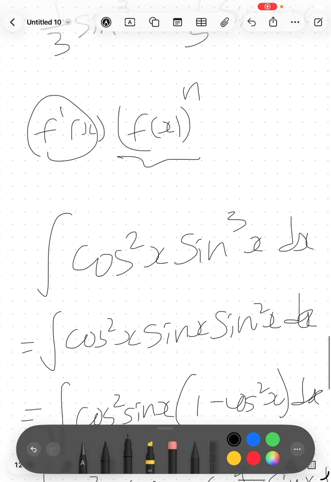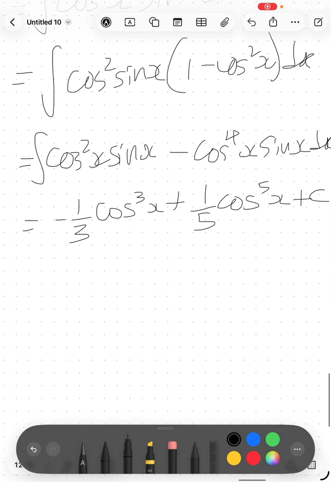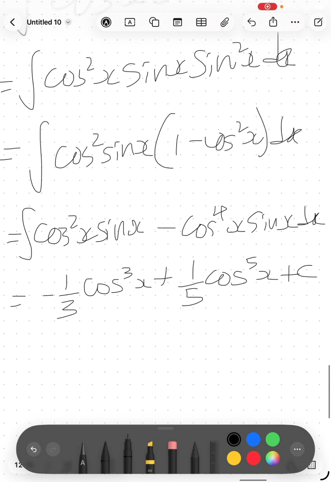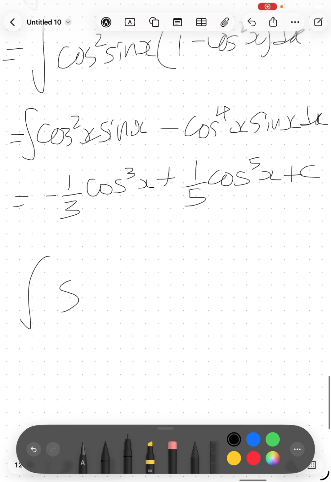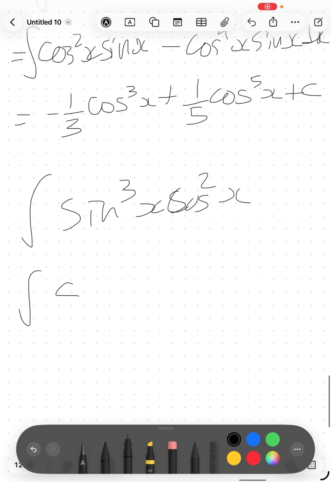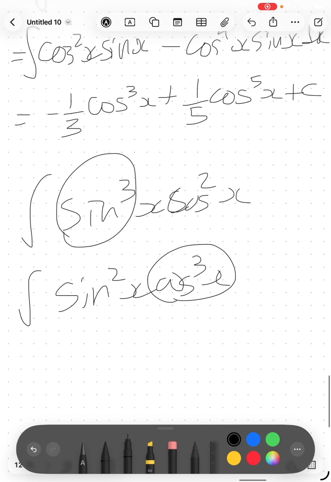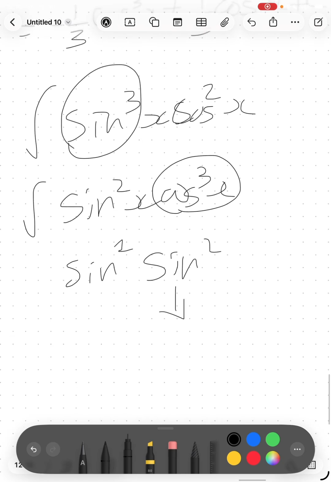So yeah, you'll notice this general trend in these questions. When we had sine cubed cosine squared x, and when we had sine squared cosine cubed x, the cube function we are decomposing into power 1 of it and then a square of it, and then that square we're expressing in terms of 1 minus the other elementary trig function squared.